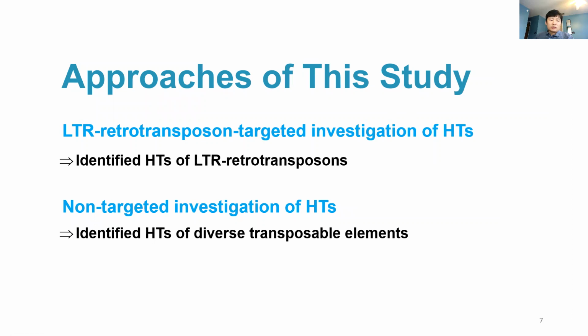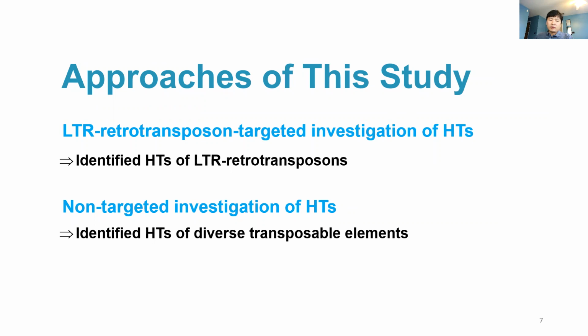Because there was a previous study of plant horizontal transfer with LTR-retrotransposons, I developed the LTR-retrotransposon targeted investigation method based on the previous study. Through this, I could identify horizontal transfers of LTR-retrotransposons among grass species.